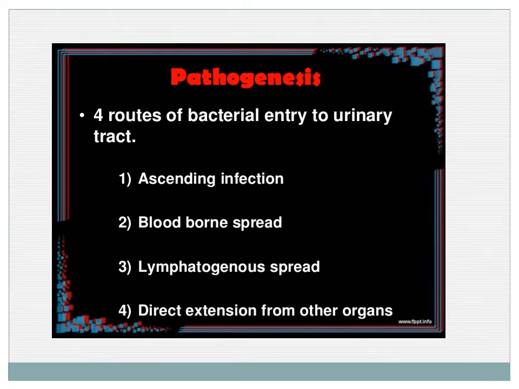In pathogenesis, or pathophysiology, there are four routes through which bacteria can enter the urinary tract: ascending infection, blood-borne spread, lymphatogenous spread through the lymphatic system, and direct extension from other organs.